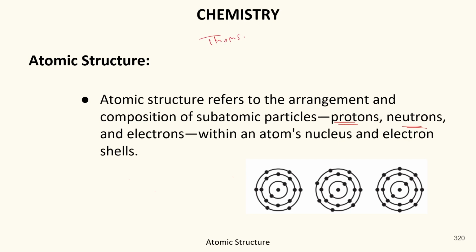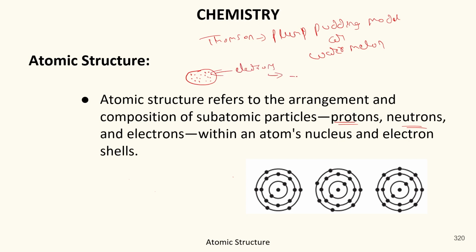Thomson model, also known as plum pudding model, or watermelon model. And why is it called a watermelon or plum pudding? Let me explain. Basically, he said that the atom is in a spherical shape, and it has some dots inside it, and these dots are basically the electrons, or you can say the negative charge particles.